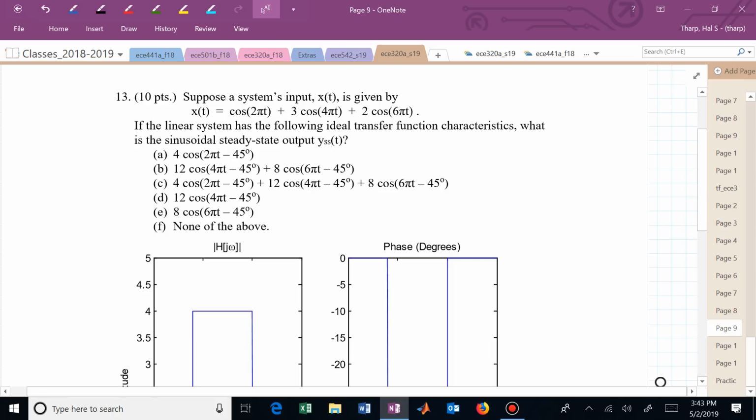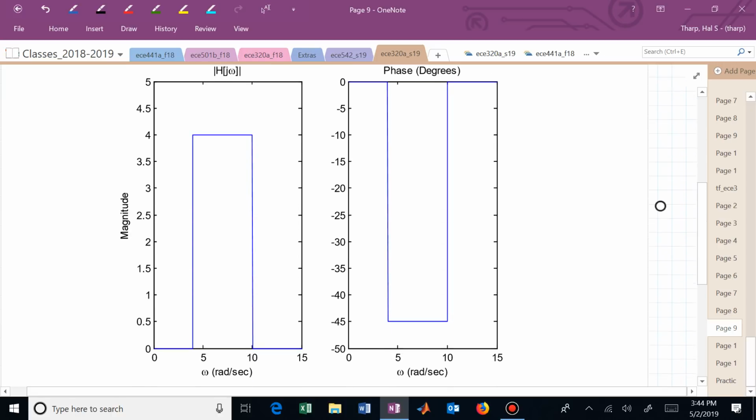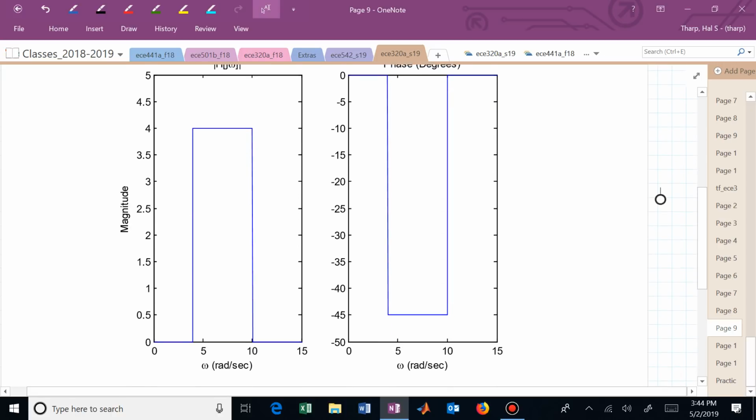What do we do here? Suppose a system's input is given by these 3 terms. And now we want to know what are we going to see at the output. And this is ideal because now we're saying that between 0 and 4 we have 0 output because h is now 0. If you put in a sinusoid that has any frequency between 0 and 4 radians per second, it won't be seen at the output of this system.